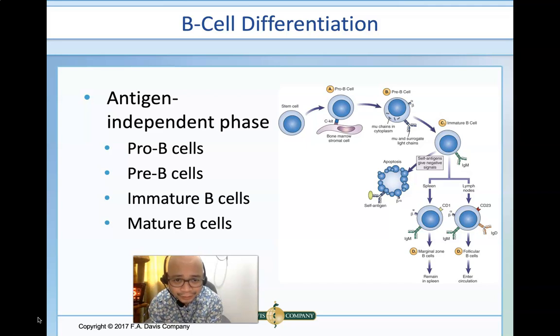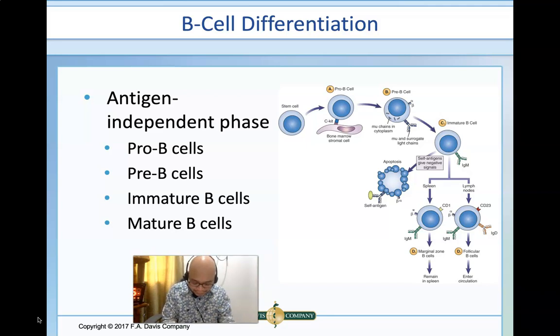The interaction, as you can see here in the c-kit, will trigger the development of pro-B cells to that of the pre-B cells. Now, if you will be reading your book, it says that in order for the B cells to develop, several growth factors are needed.